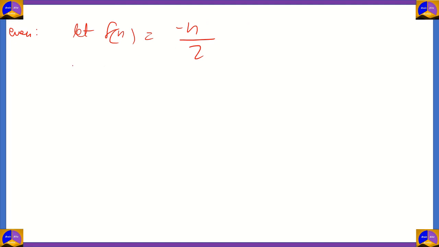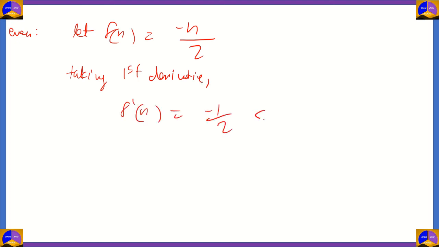Taking the first derivative, you get f dash of n is equal to minus 1 by 2, which is less than 0 for all n belonging to natural numbers when the number n is even.